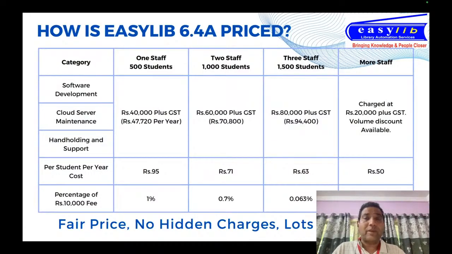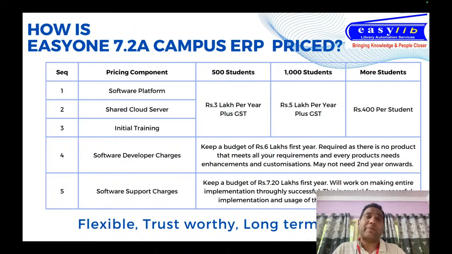Now, let's go to the campus ERP. We have the software that provides you admissions, attendance, student information, staff information, exams, timetable, assessment, learning management, placement module, transport management, sales desk, student counseling, service desk, inventory management, alumni management, fundraising management, and the student self-service portal.